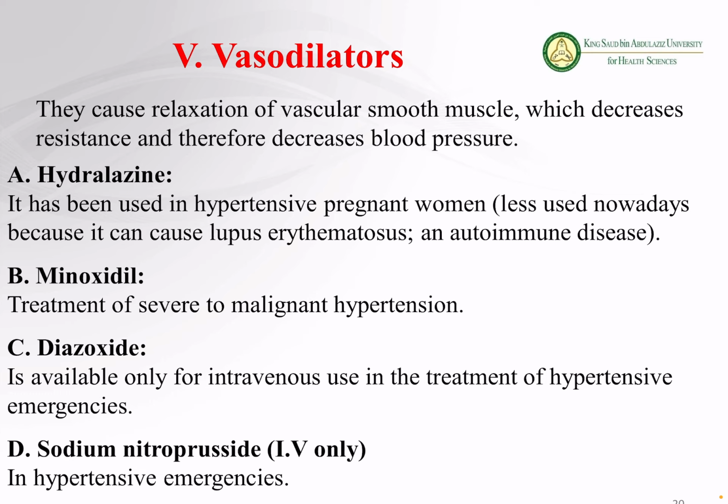Okay. So we have hydralazine, and then we have minoxidil. Now this minoxidil was used previously for the treatment of severe to malignant hypertension. Okay, very interesting story this one. The minoxidil was a very good drug previously, long time before, but when the patients were using the minoxidil, the blood pressure was controlled, but they had this arrhythmia problem, irregular heartbeat.